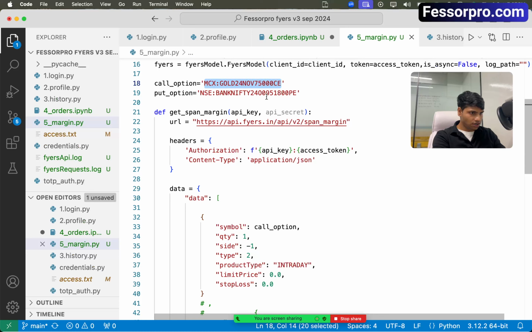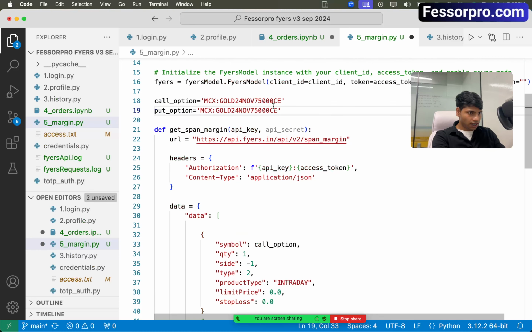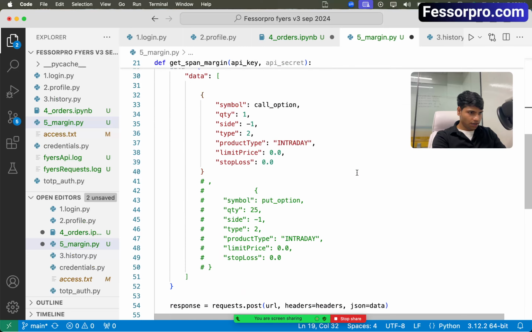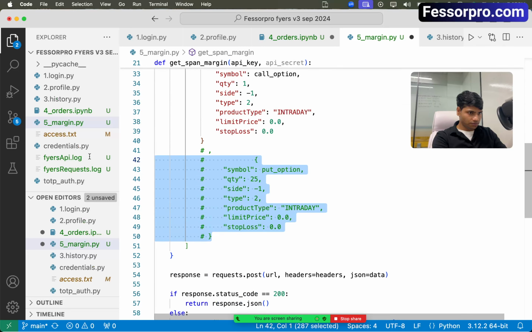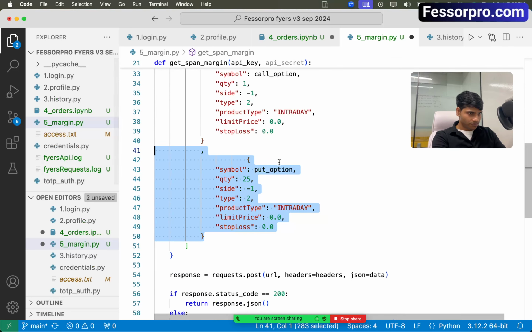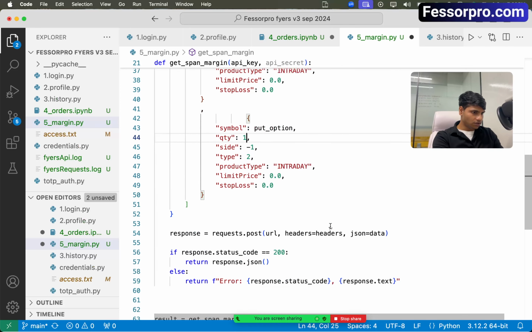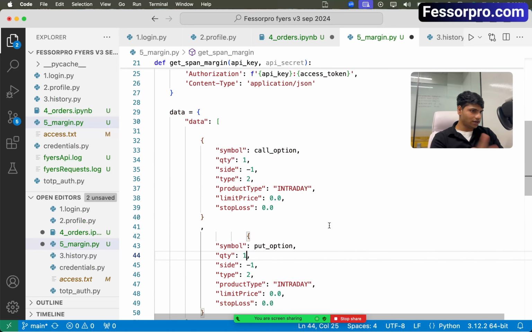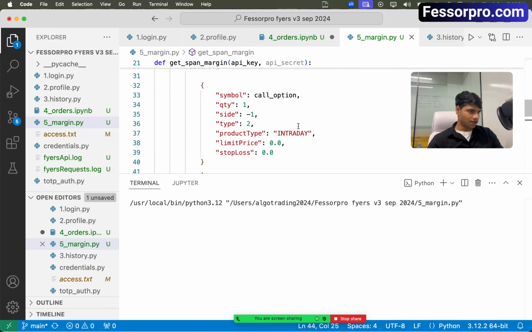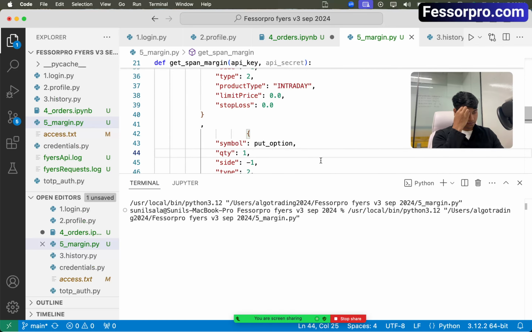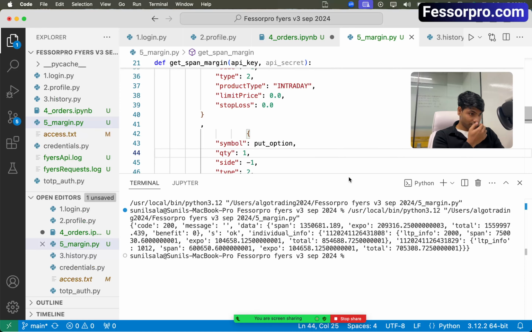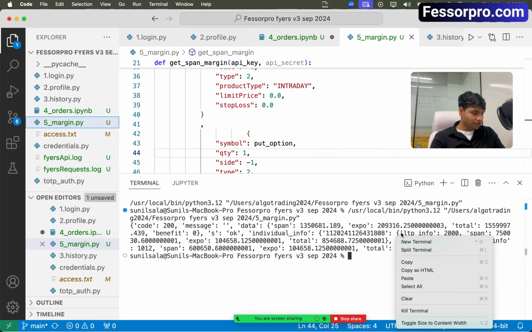This is call. I'll copy, I'll paste it here, and I'll change this to PE. Okay. And I'll uncomment this code also. This will be the put option, quantity will be 1, and the rest of the things will be the same. So if you want to sell a call and a put both, how much margin is required? So you see, you only need 7 lakh.